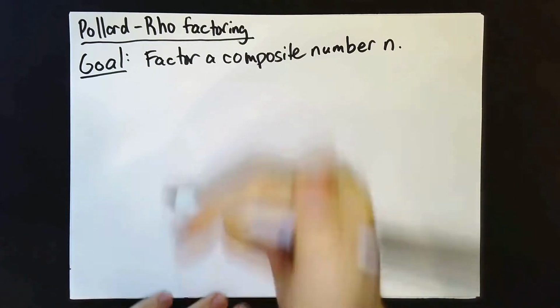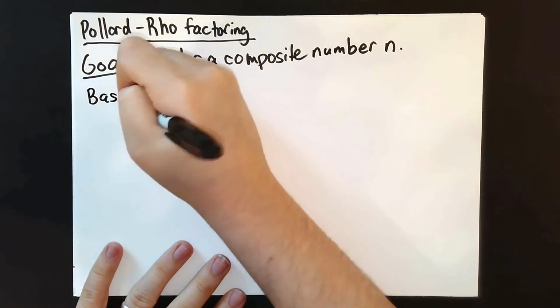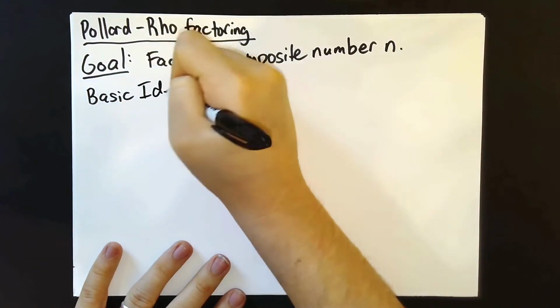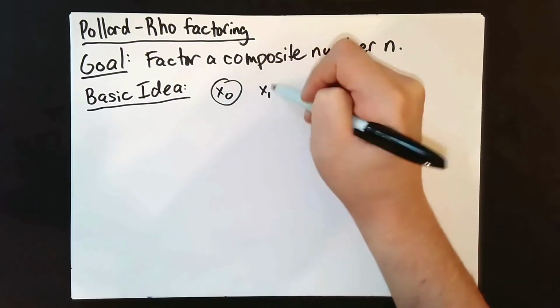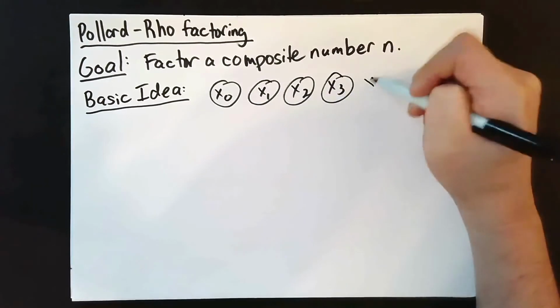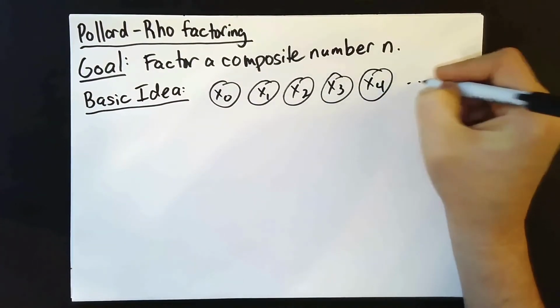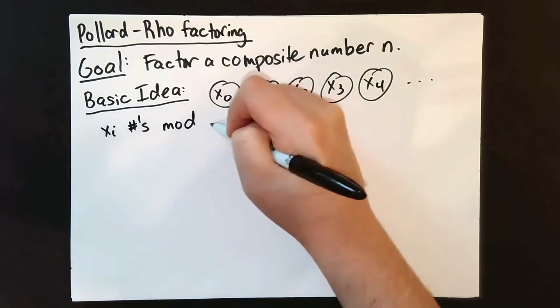So let's start with the basic idea of how we're going to apply the Pollard rho collision algorithm to factor n. We're going to start with our path from Pollard rho like before, our stone path, and this path is going to be of numbers mod n.